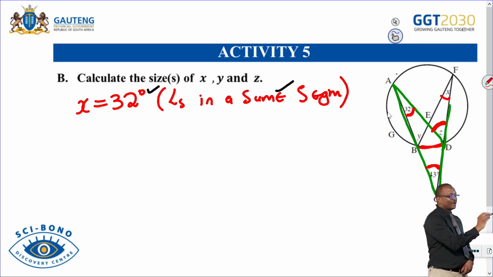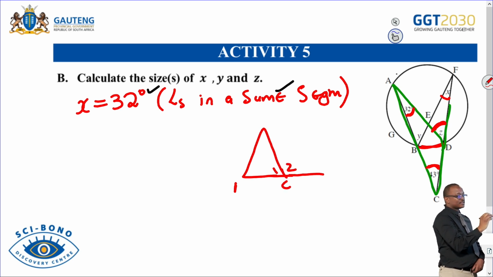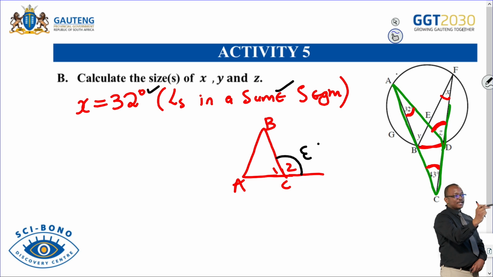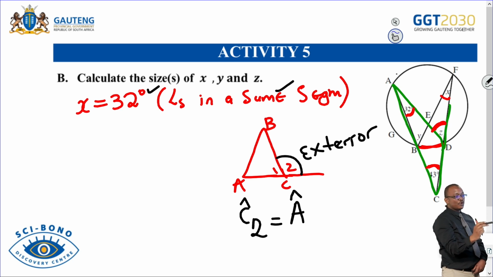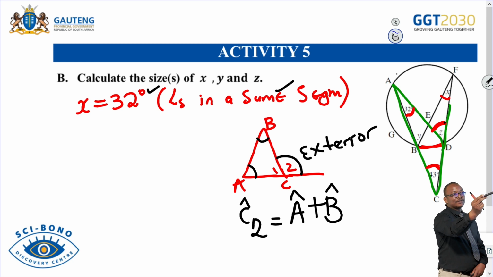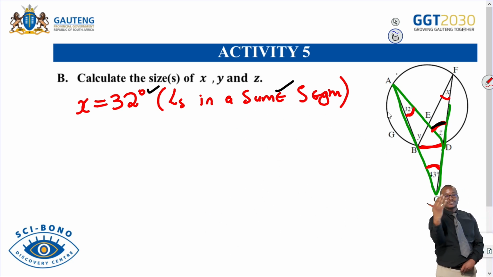Remember, you were taught that if you see something like this, then you will say, this is your exterior angle. And exterior angle is equal to the 2 opposite interior angles. That's what I'm about to apply there. Correct. So that's basically how you have to analyze your diagrams.